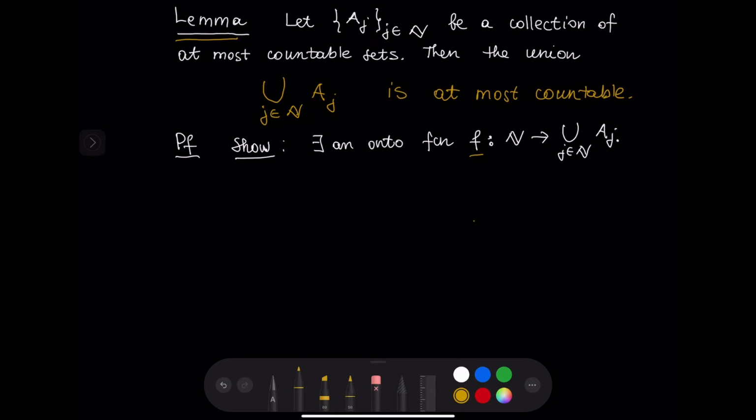have at our disposal. So we have these sets Aj where the index j is in the natural numbers, and each one of these sets is at most countable. So we have the situation that the set A1 is at most countable. That means that there exists an onto function f1 from the set of natural numbers to A1. The set A2 is at most countable. That means that there exists an onto function from the set of natural numbers to A2.